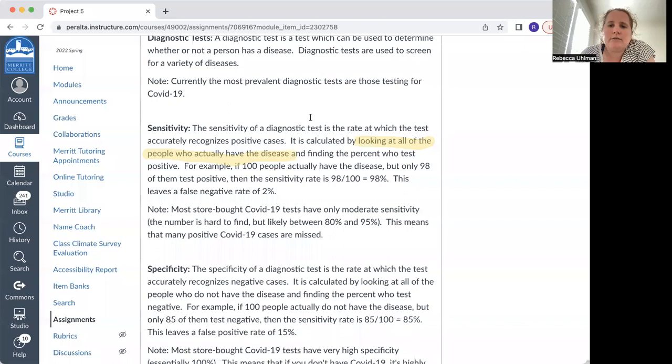So for sensitivity, the population that we're looking at is specifically the people that actually have the disease.